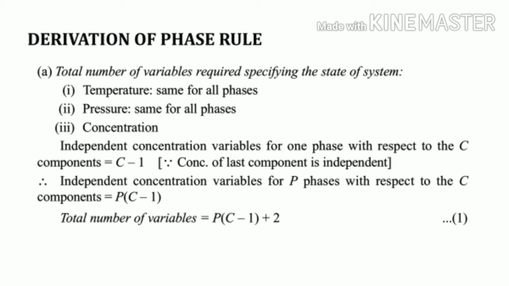Again, the independent concentration variables for P phases with respect to C components is equal to P into C minus 1. Therefore, the total number of variables is equal to P into C minus 1 plus 2, and let us call this equation number 1. This 2 arises due to temperature and pressure, the two factors which are the same for all the phases.